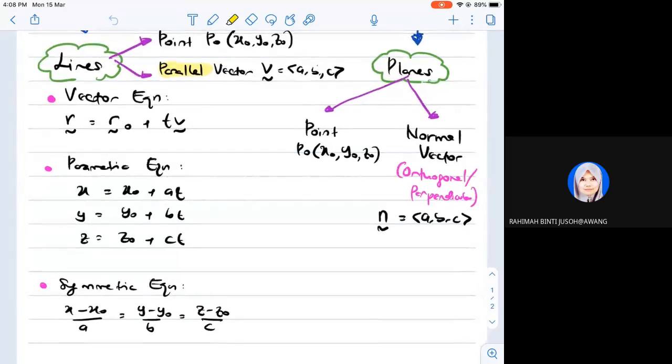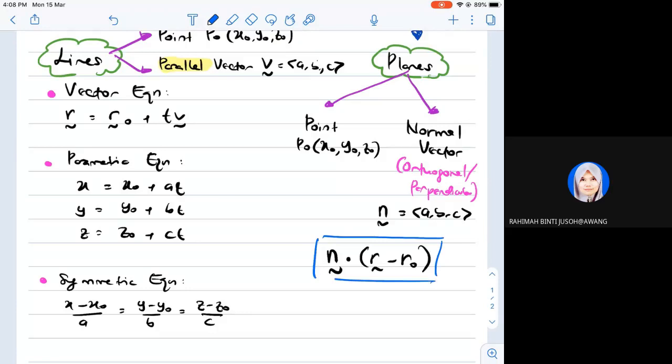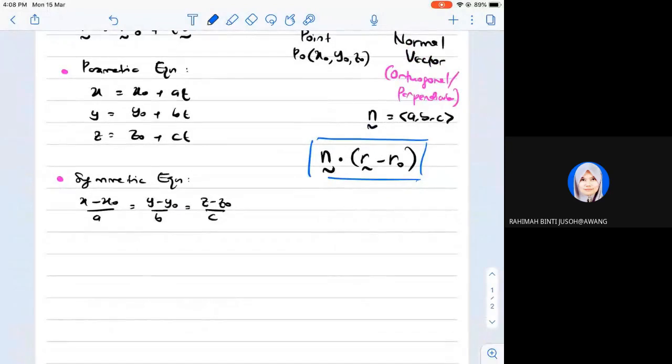Alright, so now for equations of plane, it is different from line. For equation of plane, the formula is like this: n dot (r minus r naught). This is the formula of a plane. But I would rather suggest my students use this formula.